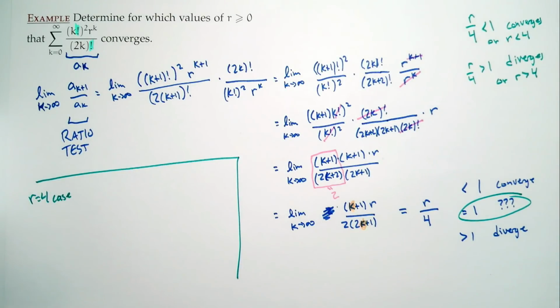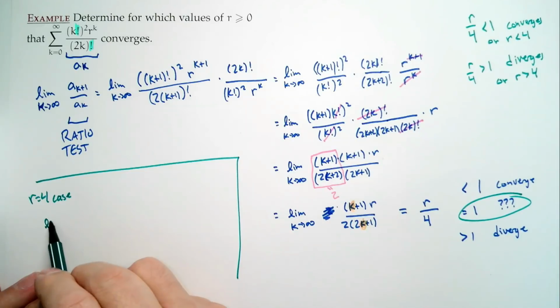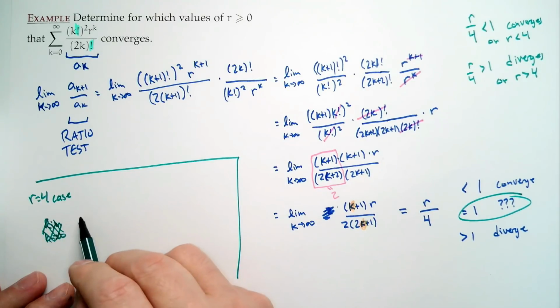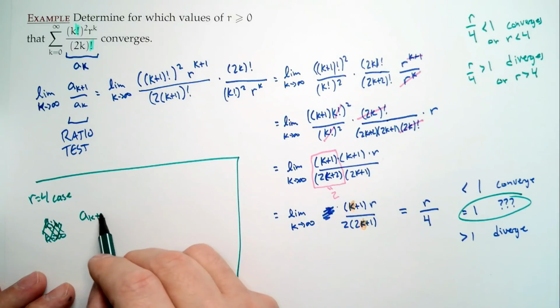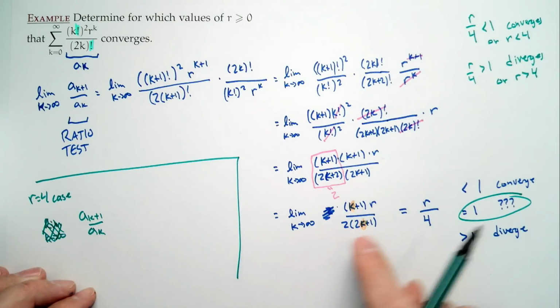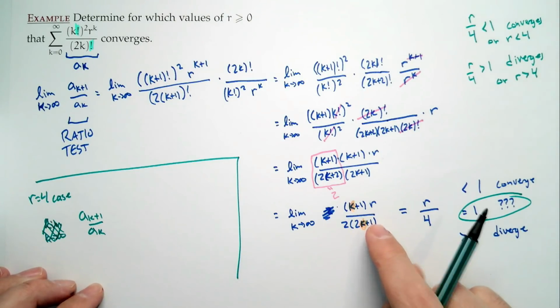Now, to be fair, the ratio test will technically fail us, but let us go ahead and look at the last step here. Let's look at the limit as k goes to infinity. Well, I won't look at the limit. I'll look at a_{k+1} over a_k. Now, if we're in r equals 4, that says what?